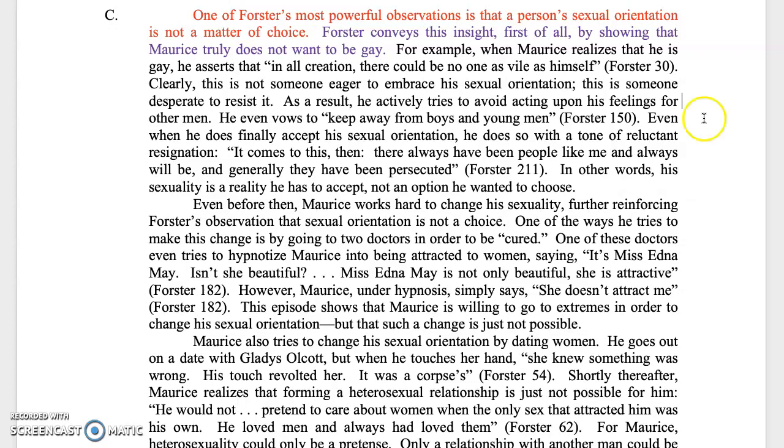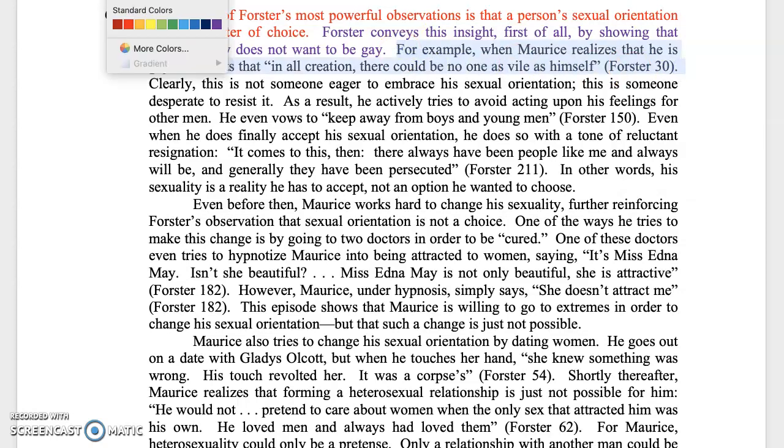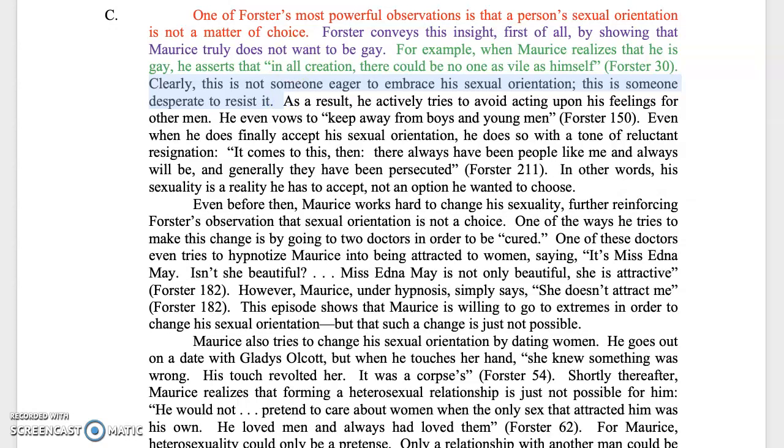He did not choose that. And then we get the quote that demonstrates that. And then we get a little analysis after that that explains exactly how that quote does show that he is not choosing this. This is against his will.